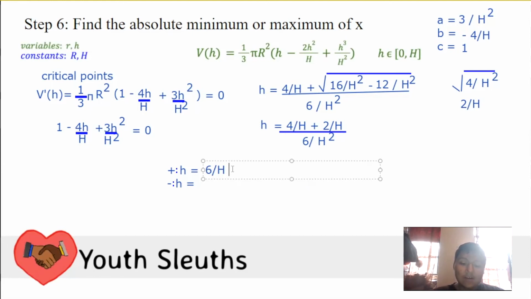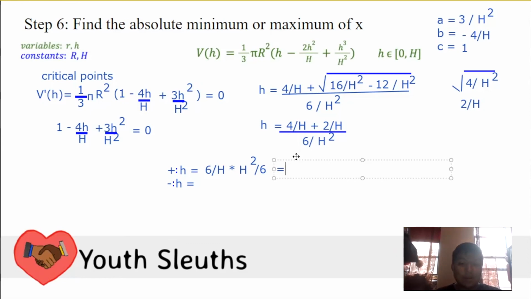So we'd end up multiplying big H squared over 6. If we multiply these two, one H cancels out, and then the 6 cancels out. So what we end up having is H. So we found our first little h value.